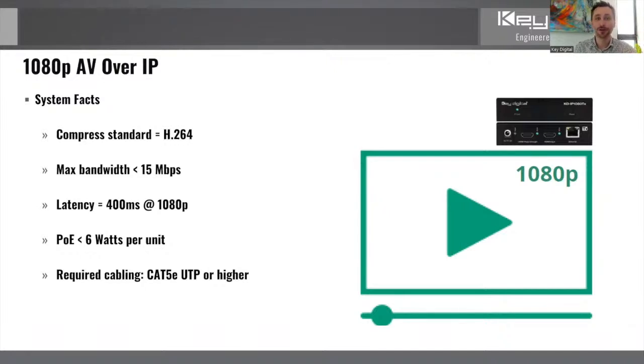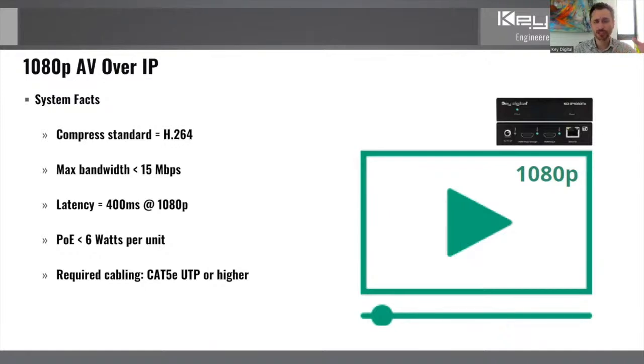And therefore, if you do have to go to multiple network switches, which of course you will if you have 100 units, you're going to have to stack it with a fiber. The fiber is going to have to be a 10 gig fiber, right? So that's why you consider these things. Yes, it is a low bandwidth product, so it's not quite as intensive as our 4K AV over IP system, where that bandwidth measurement is very important.